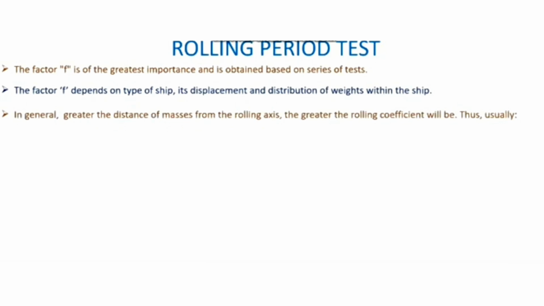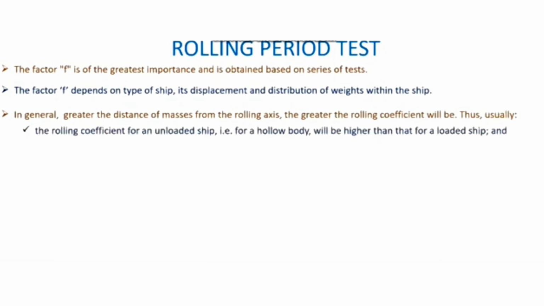And because of that, the rolling coefficient of an unloaded ship, why unloaded ship? Because an unloaded ship will have ballast in the tanks and equipment on deck, so the mass distribution is away from the rolling axis. For such ships, the coefficient will tend to be higher, because the radius of gyration will tend to be higher. On the other hand, a loaded ship is loaded in the holds, so the weight concentration is closer to the rolling axis.